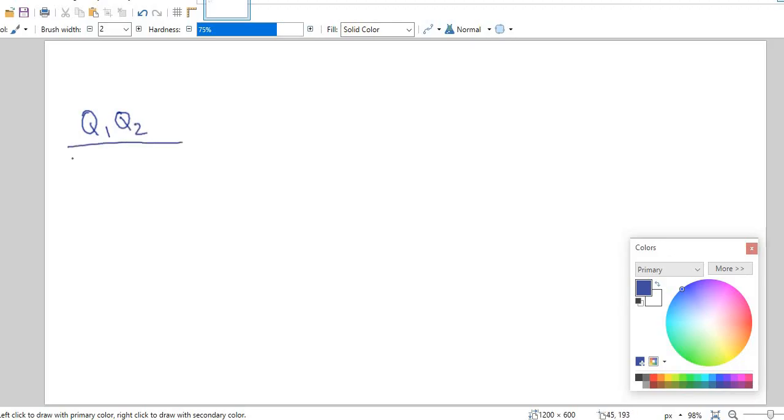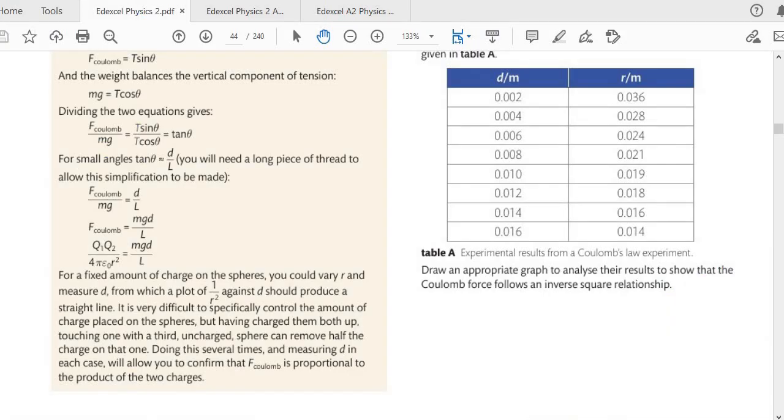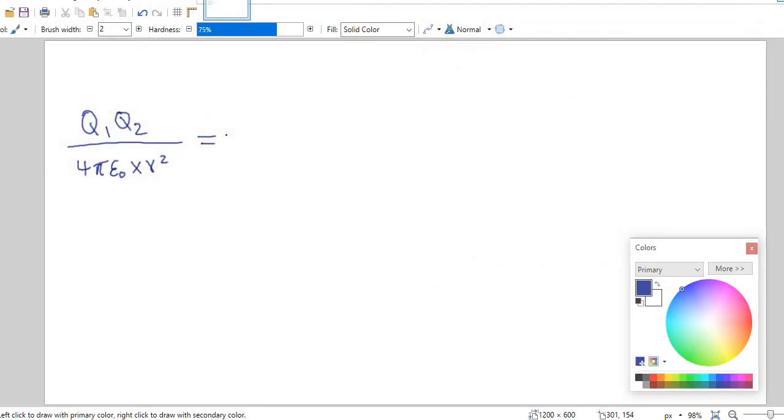Now k is what? 1 over 4 pi epsilon naught, where epsilon naught is the permittivity of free space. So 1 over 4 pi epsilon naught times q1 q2 over r squared is equal to mgd over L. Now the graph they were talking about was 1 over r squared versus d.